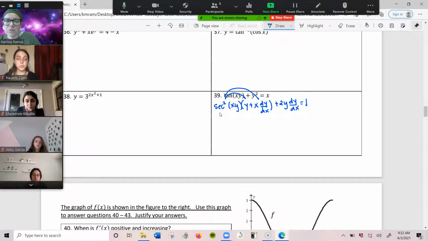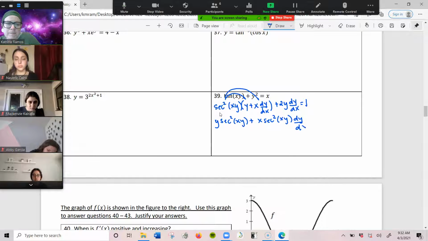So when we distribute the secant squared, we get secant squared of xy times y, which normally we would write with the variable in the front. So this would be y times secant squared of xy, plus x secant squared of xy dy/dx, plus, and I'm just rewriting the rest, 2y dy/dx is equal to 1.